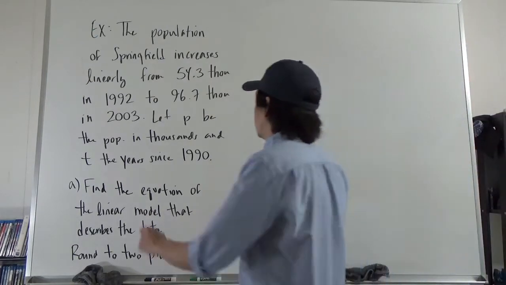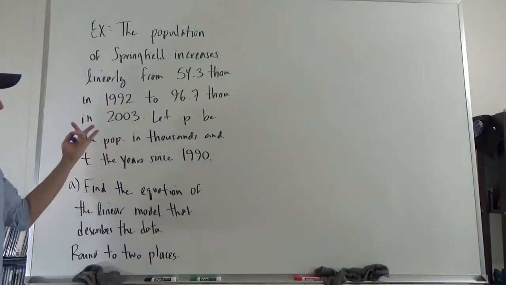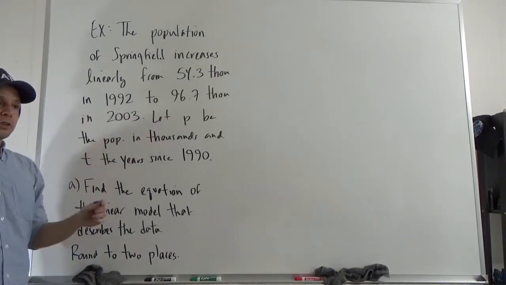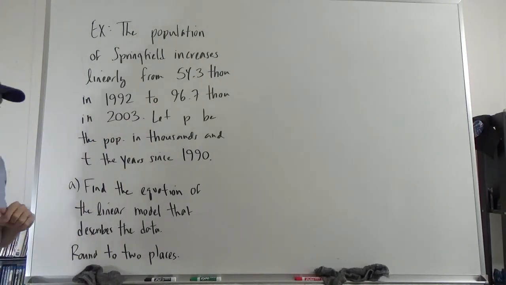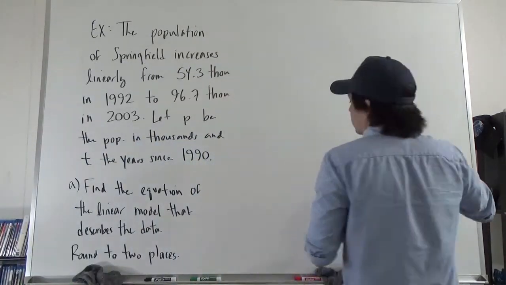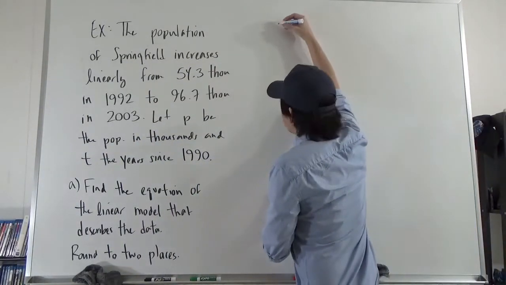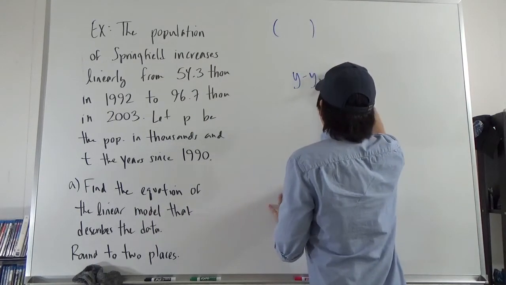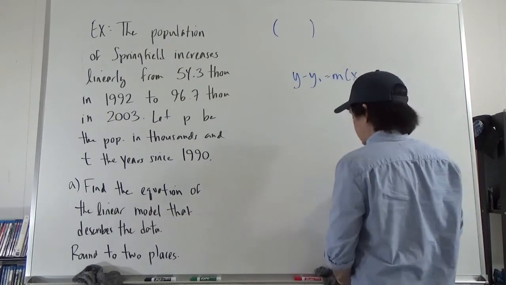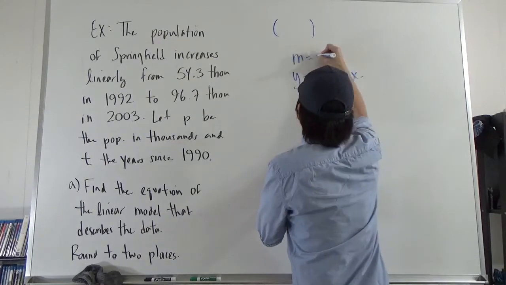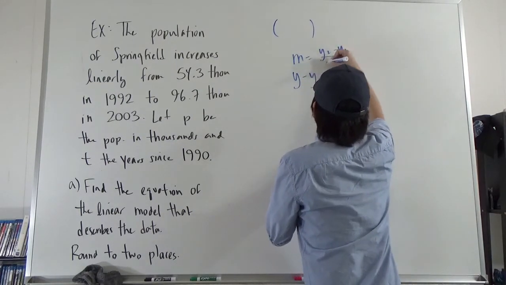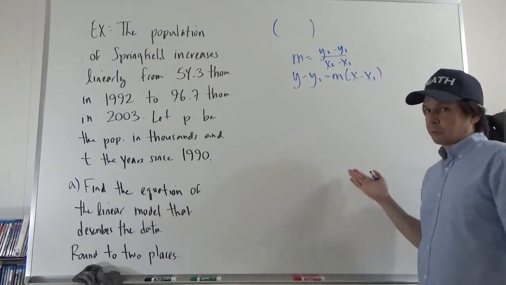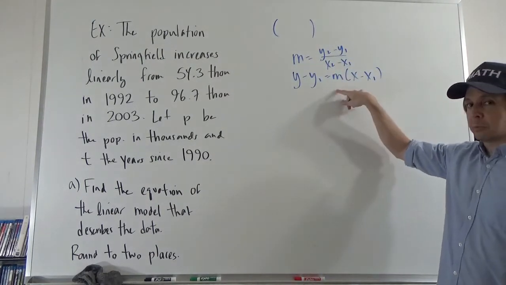But here, just like last time, they're giving us 2 points: populations in 2 different years means essentially 2 points in this linear model. Don't write this down, I'm just going over what we will be doing. You're going to do slope first, then use slope and one of the points in point-slope form.